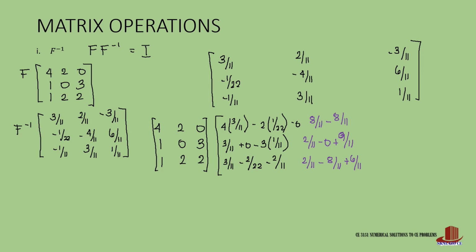Moving on to our last column, starting with our first row, we would have negative 4 times negative 3 would be negative 12/11 plus 2 times 6 would be 12/11 plus 0.